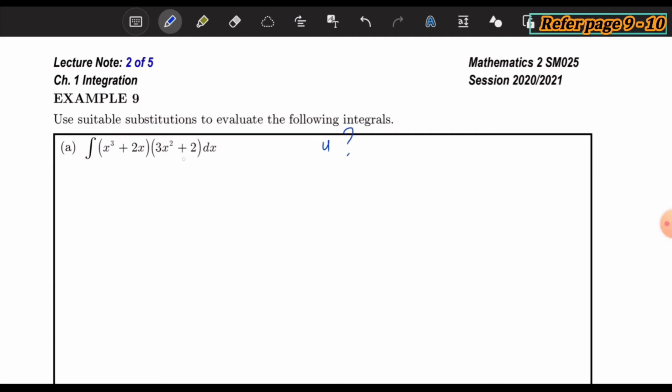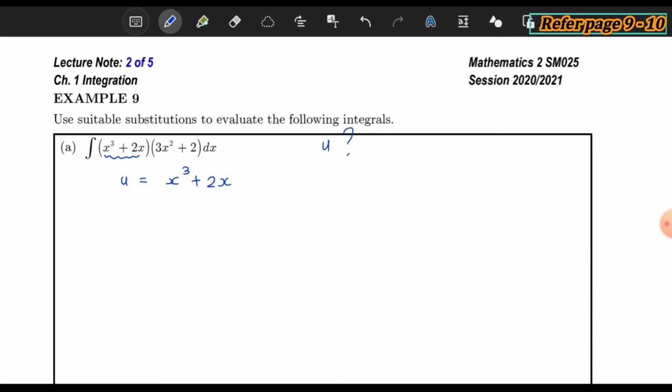Another one is 3x squared plus 2. So, which one is more complicated? Yes, x cubed plus 2x. Got the higher degree, isn't it? So, we choose u equal to x cubed plus 2x.